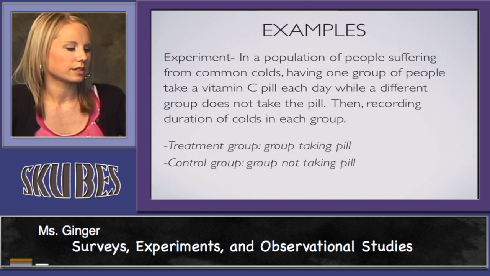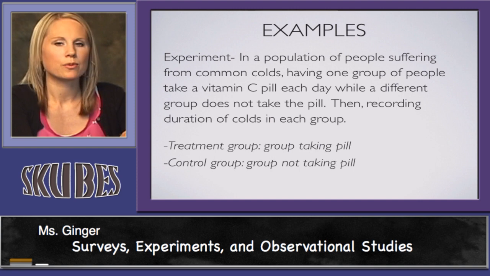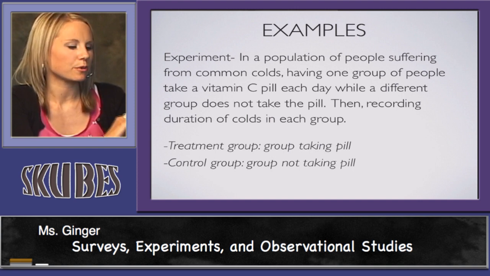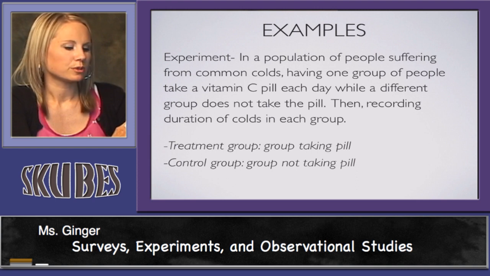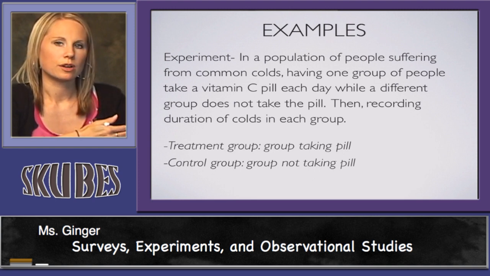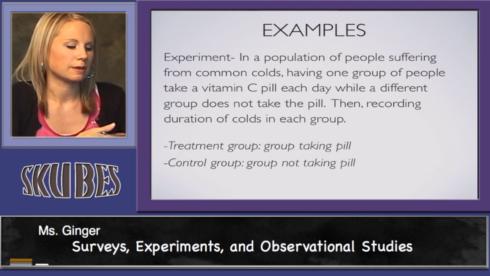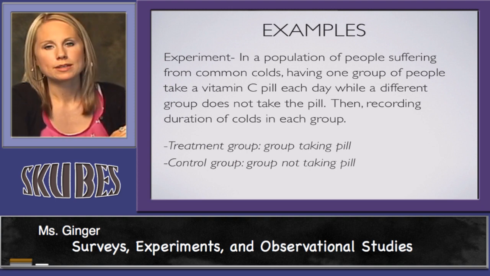Continuing examples, let's see an experiment. So the difference here is I'm going to be separating into groups and imposing a treatment on one group. So here's an example. In a population of people suffering from colds, I would split one group of people away from another, and I would have one group take a vitamin C pill each day, and the other group would not be taking that pill.